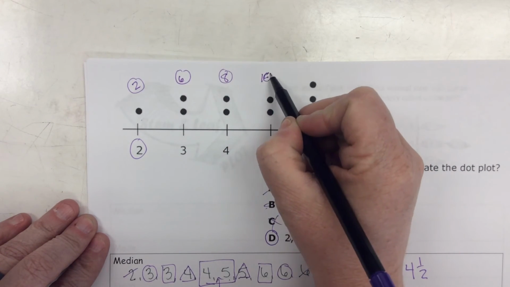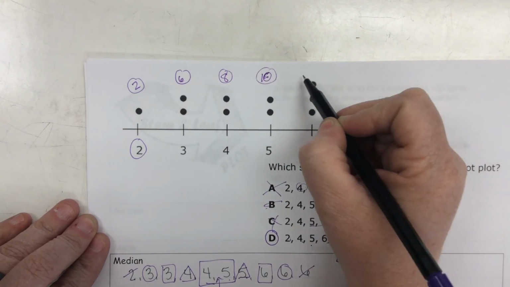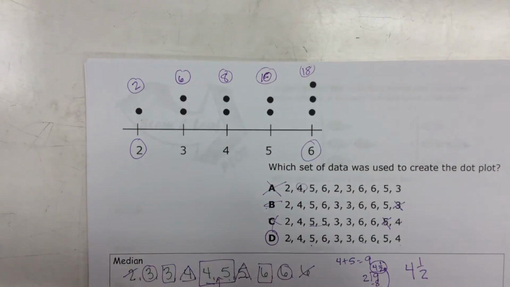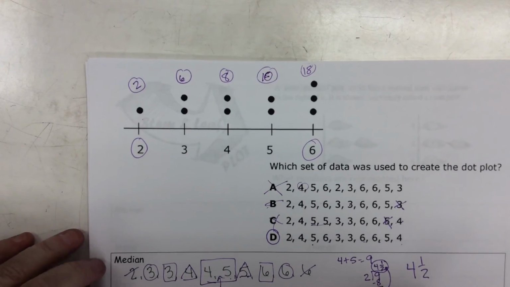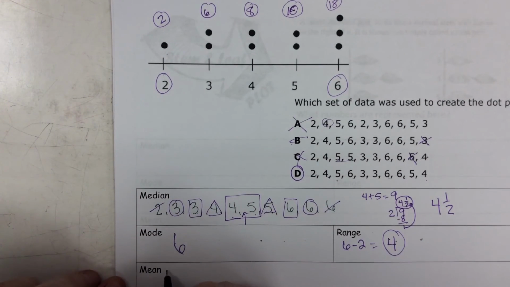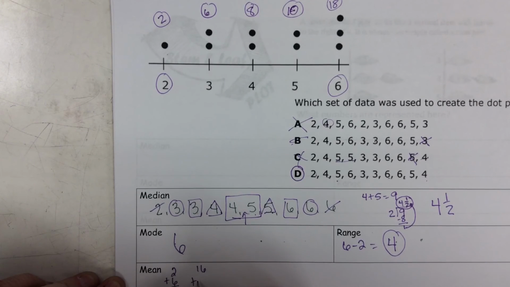And then three 6s would be worth 18. Now I'm only adding 5 numbers, and it may make it a little bit easier. So 2 plus 6 is 8, plus the other 8 is 16. So 16 plus 10 is 26, plus 18. 6 and 8 is 14. So 44 is my total.